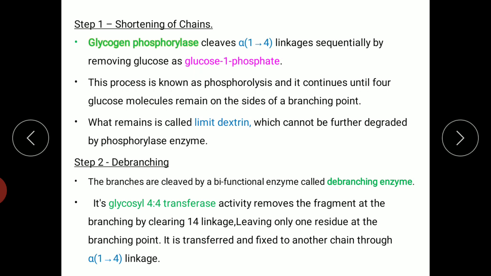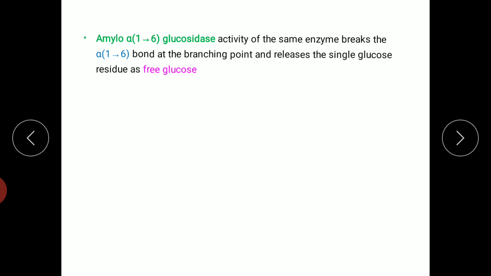This is also explained. So the last residue on the branch is released in the form of free glucose. These activities continue until all the glucose residues are removed.